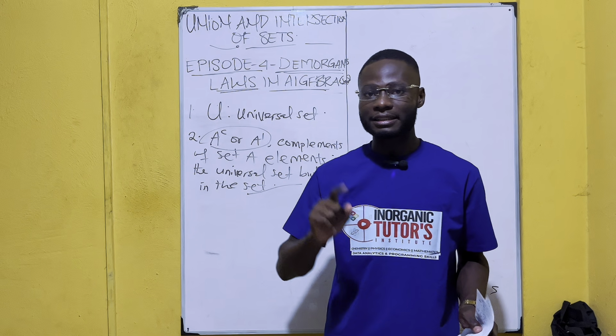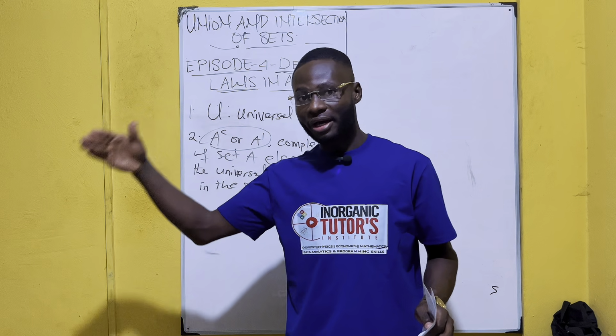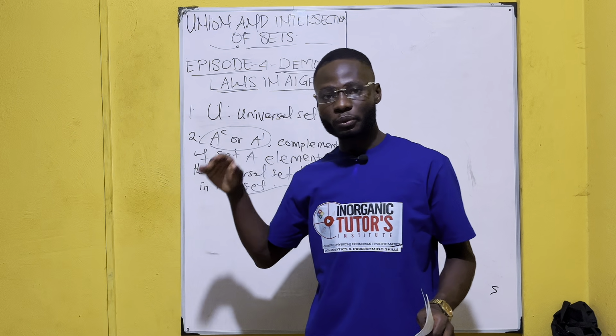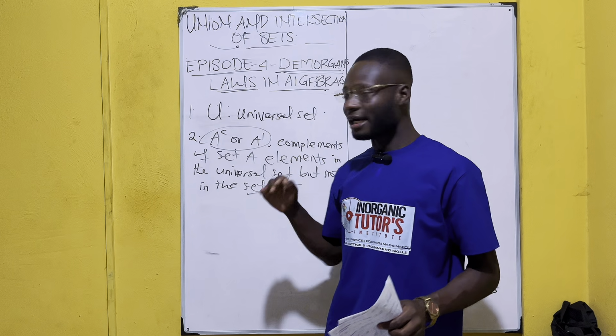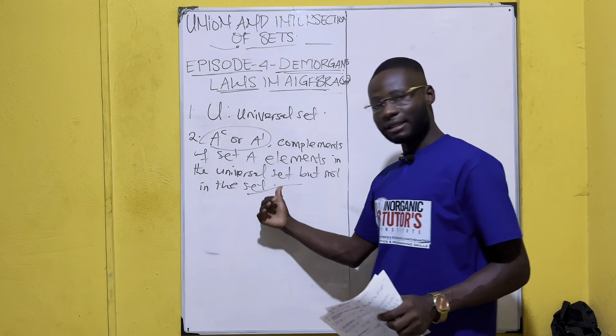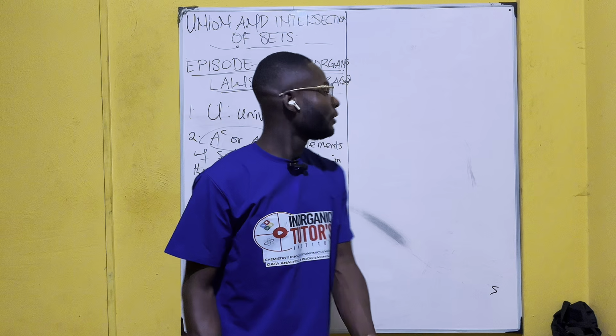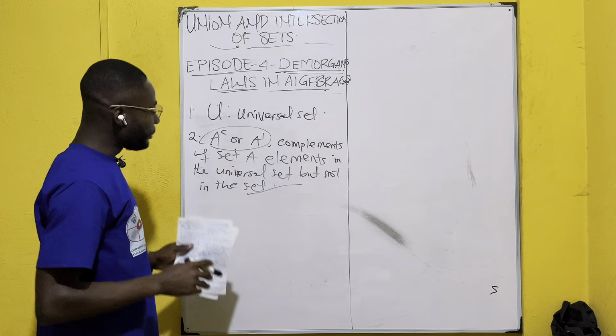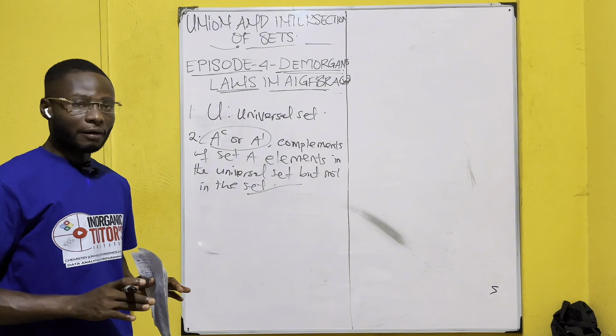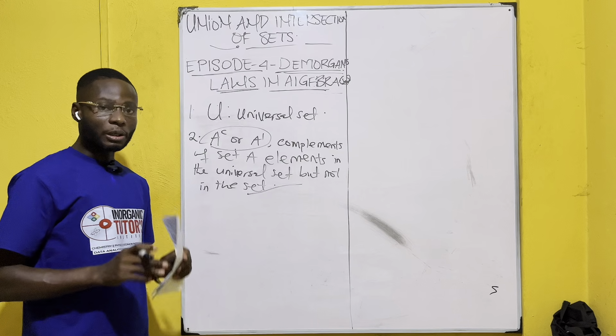That is what this means. We have learned those things from episodes 1, 2, and 3. If you really understood them very well, you understand this part. Now, let's begin with the whole work.